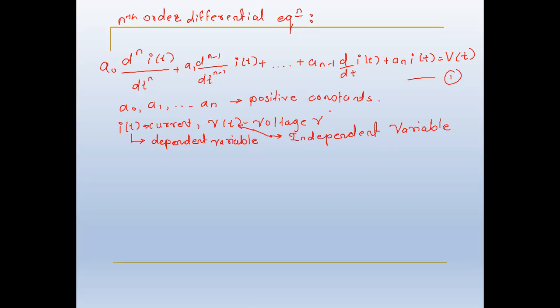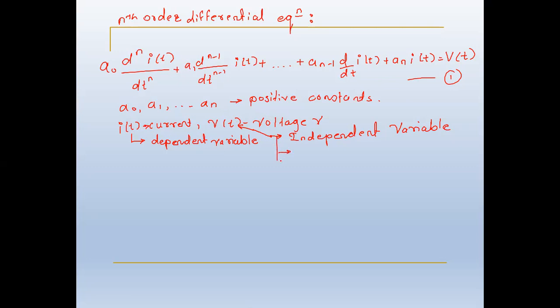The voltage v(t) is used to drive the network, so it is called the input function, or also the forcing function. Why forcing function? It is forced to drive the current. It is also called the excitation.